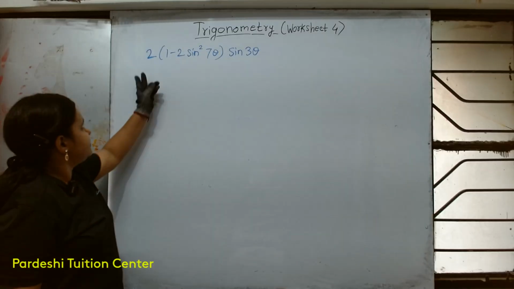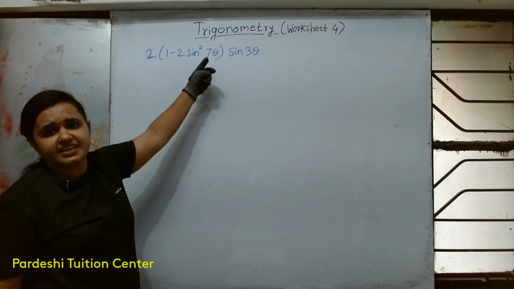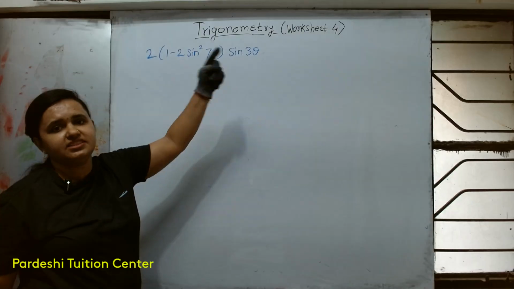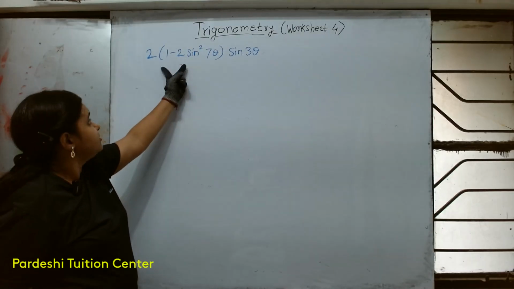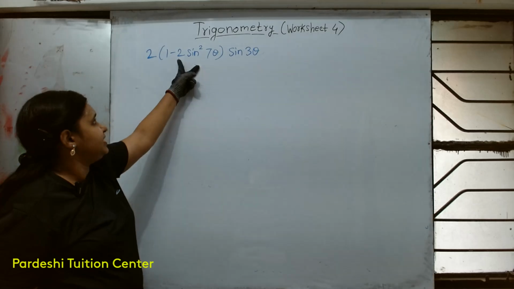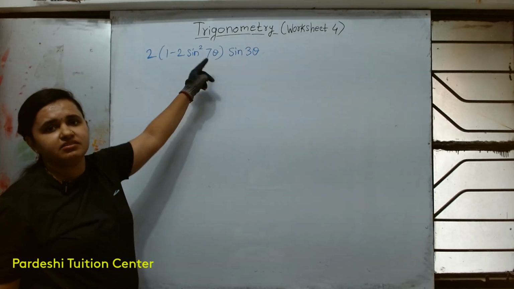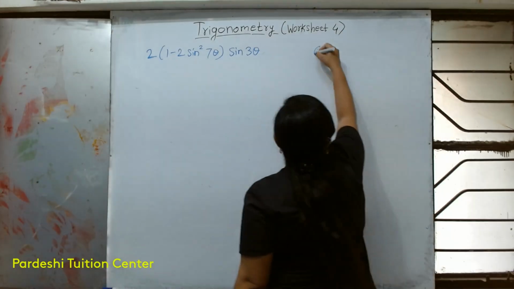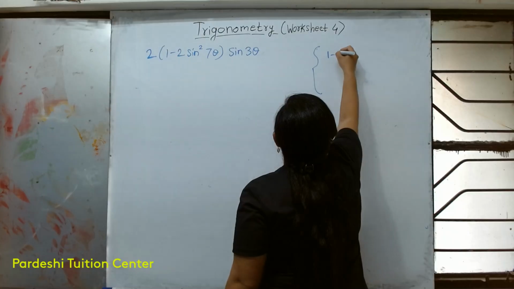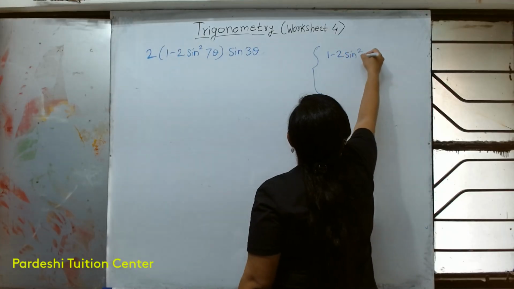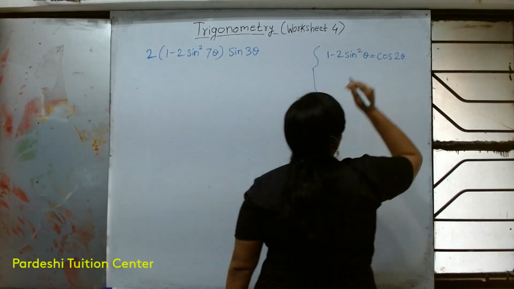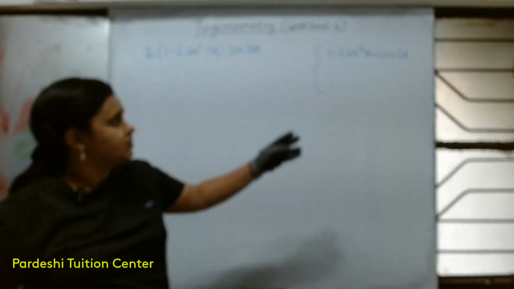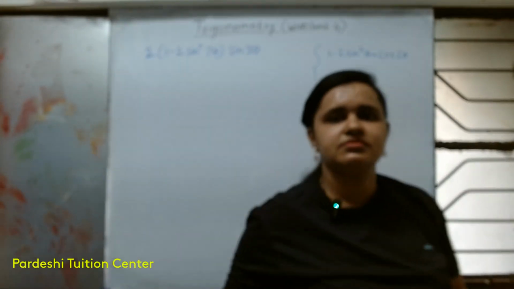It is given 2 into 1 minus 2 sin square 7 theta into sin 3 theta. Now, if you see this bracket, do you remember the formula 1 minus 2 sin square theta? What was that? 1 minus 2 sin square theta was the formula of cos 2 theta. We had written it in the earlier worksheet.